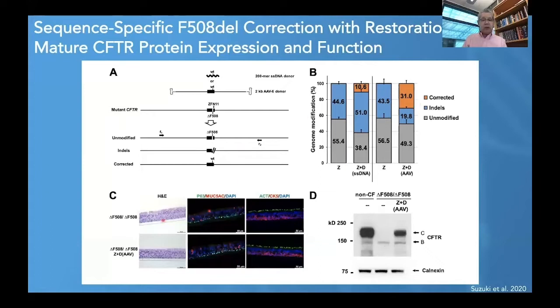And what we have shown is that when we take those bulk populations of cells, put them into air-liquid interface culture, they give rise to well-differentiated epithelium.